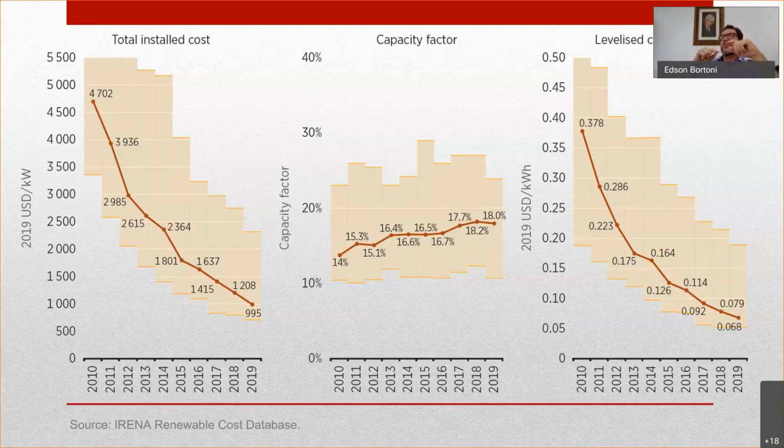But even during the day, the sun rises at about 6 a.m., peaks at noon, and starts reducing until 6 p.m. So the capacity factor is not a square, but like a sinusoid.